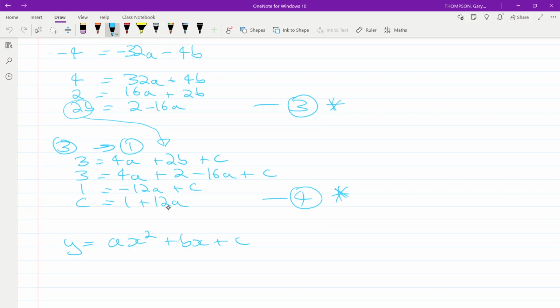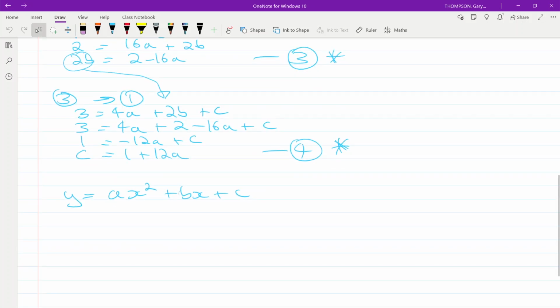Now, if I set a to 0, that's not going to help me because I lose my x squared term and I end up with a straight line. So I need a parabola, so I cannot set a to 0. I can set b to 0 or c to 0, and have a think about what that will do. If I set c to 0, that's my y-intercept. That means I'm going to have a parabola that goes through the origin.